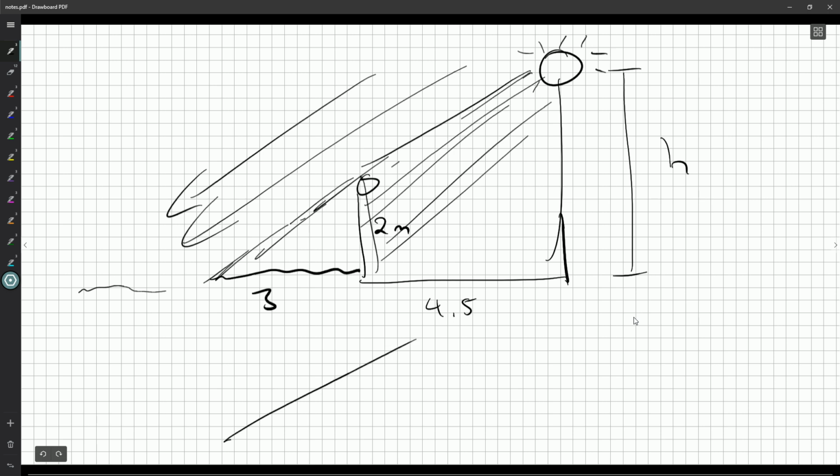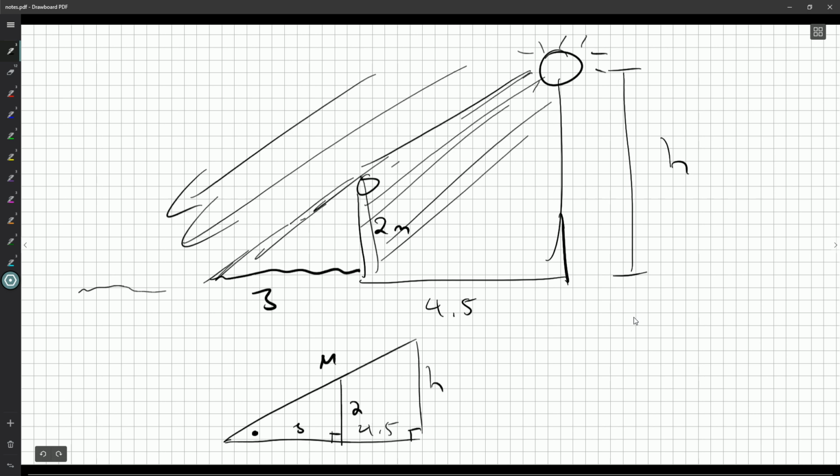In essence, what we've got is these two triangles, with sides 2 and 3, and 4.5 and H. They're both standing upright, so we have nice little right angles here, and they both have this angle in common.